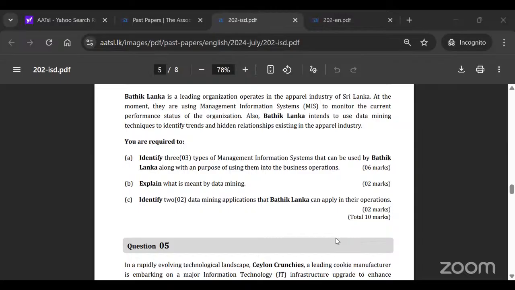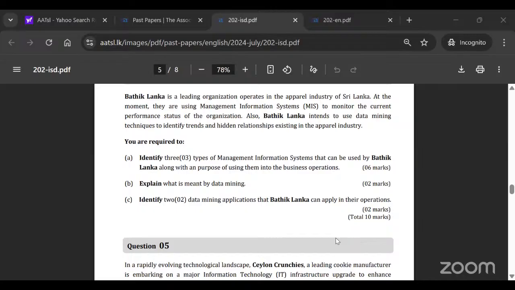And predictive analytics for sales forecasting. I explain what is predictive analysis. Batik Lanka can use predictive analytics to forecast future sales based on historical data by analyzing trends such as seasonal demand, consumer preferences, and market conditions.